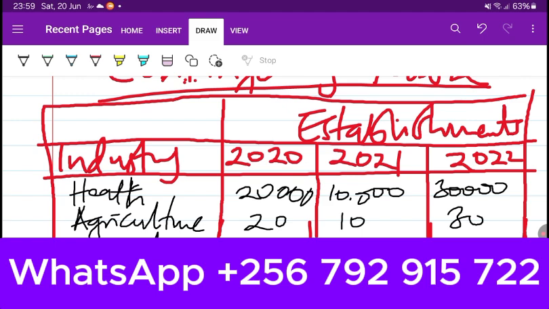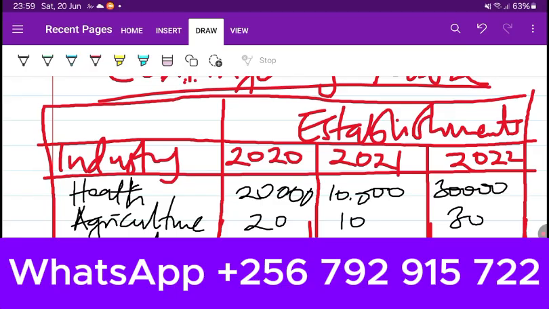Of course, you also have to understand that within this information, we always need to display advantages and disadvantages. So you can know the advantages of using a table.